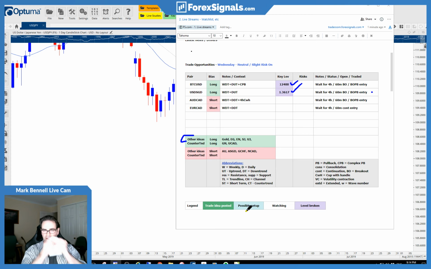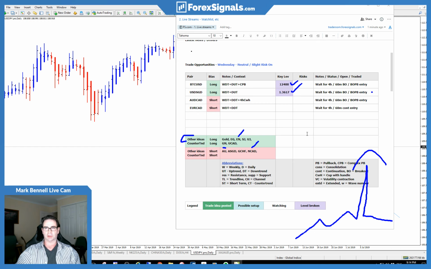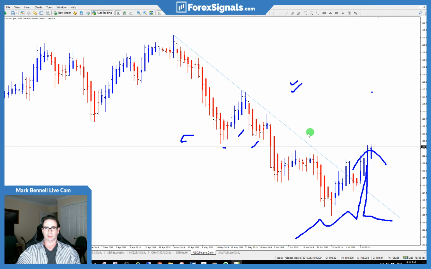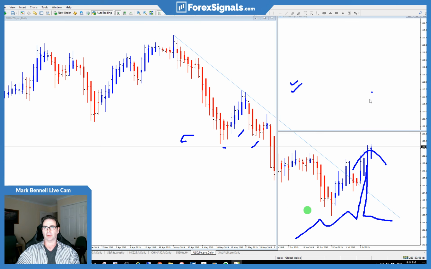They're still worth watching. In fact, this morning we had Euro New Zealand and Pound New Zealand and New Zealand CAD that actually pushed on this liquidity run, which was, to be perfectly honest, a bit annoying. I'll show you. Euro New Zealand.